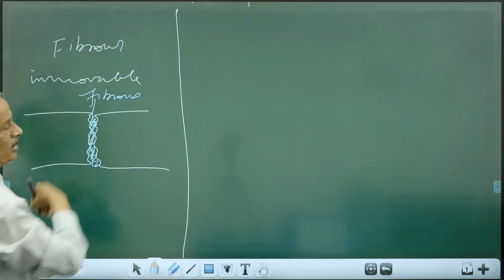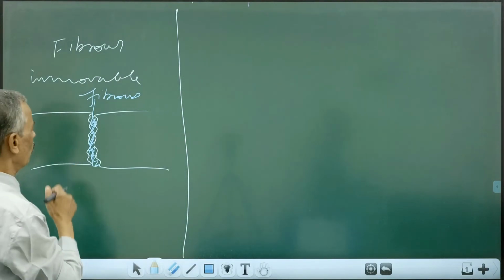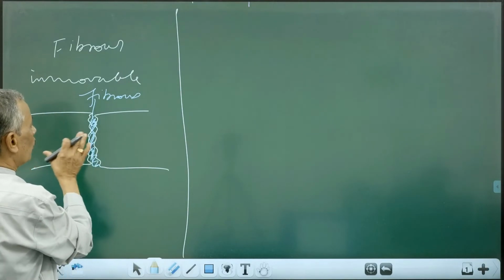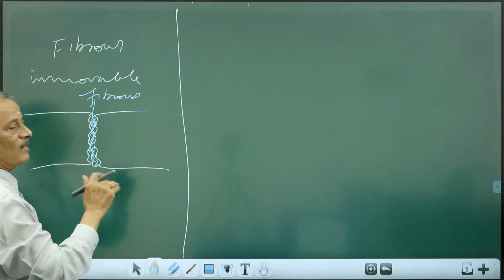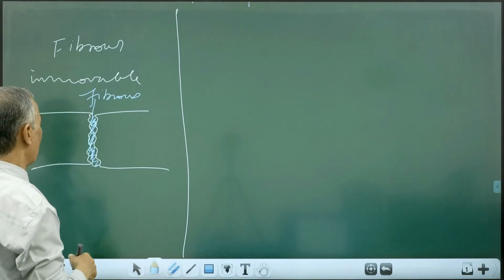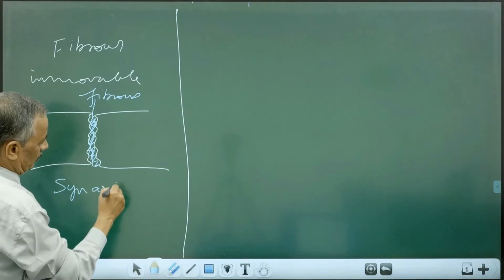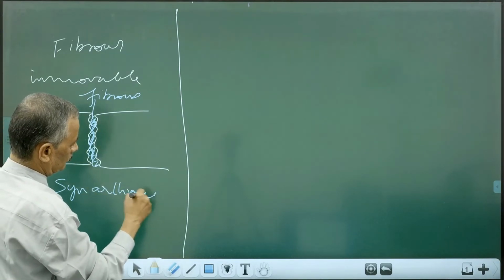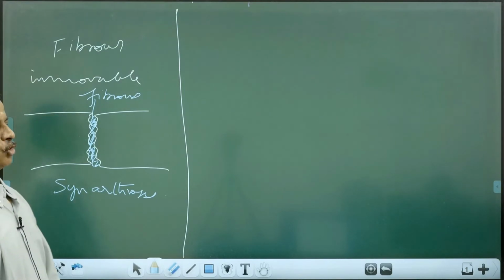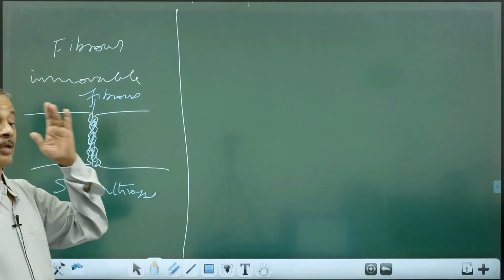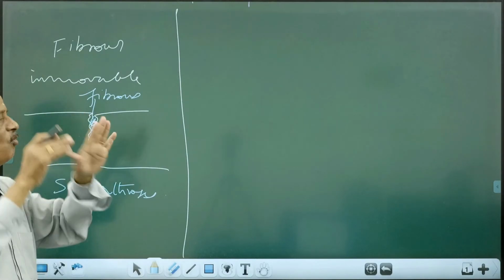That's why it does not allow any degree of movement. And since both bones are immovably jointed together, it acts as a single one. So it's called synarthrosis. The skull bones are a typical example. The bones are immovably articulated.